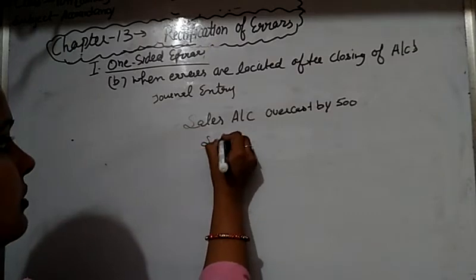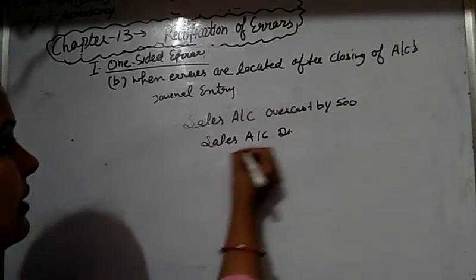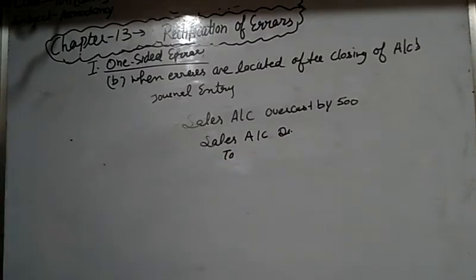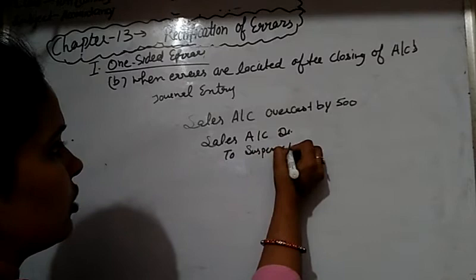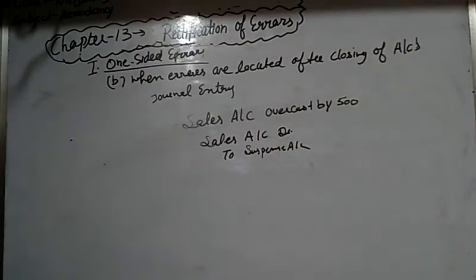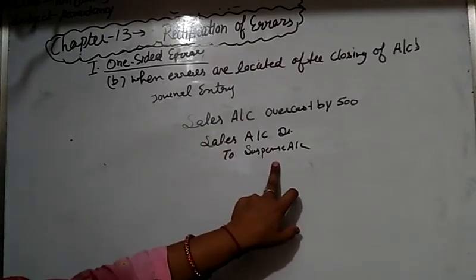We write sales account debit and the account which is credited against it is suspense. So for accounts which are rectified by debiting and crediting, suspense account is debited or credited to complete the double entry. So the other account opened against the corrected account is suspense account.